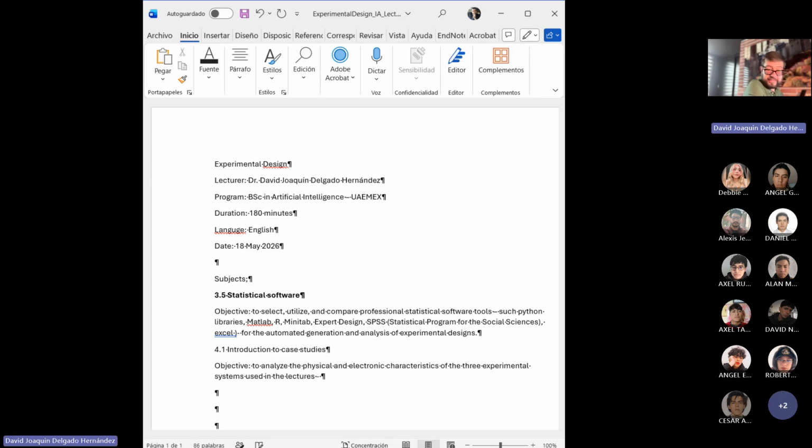We are going to analyze the three cases. The first is the paper airplane. The second is the mouse trap car. And the third is related to the concrete beam, the one of the first partial exam, okay?